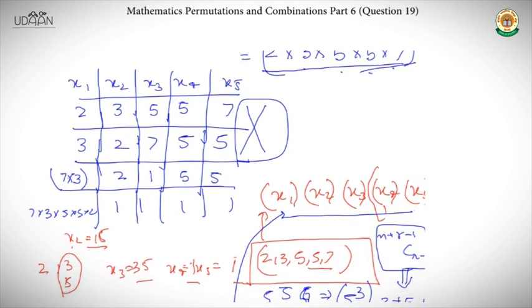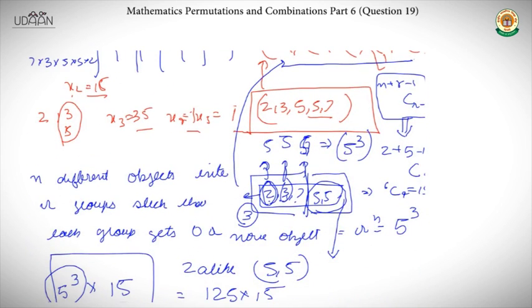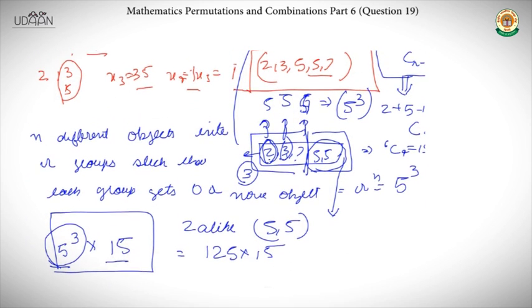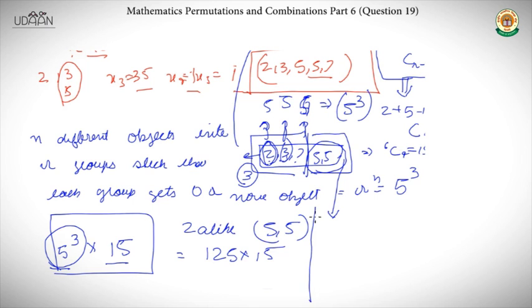So now we have found two formulas with which we can find the number of ways in which n different objects can be divided into R groups such that each group gets 0 or more objects, which is R raised to the power n, and the number of ways in which n identical objects can be divided into R groups such that each group gets 0 or more objects, which is n plus R minus 1 C R minus 1.